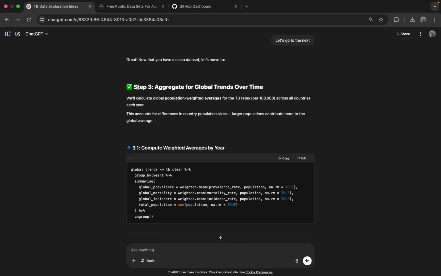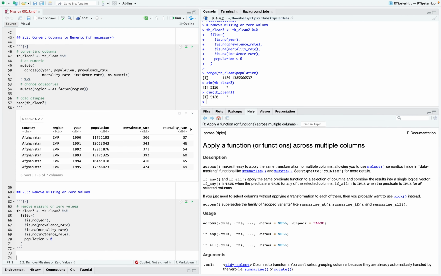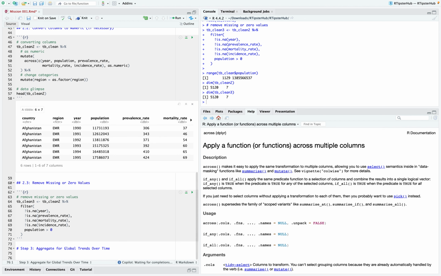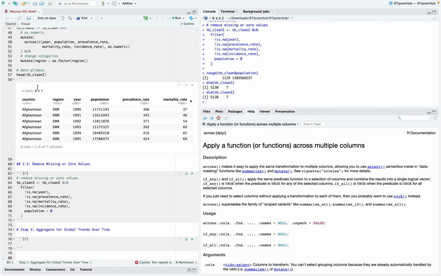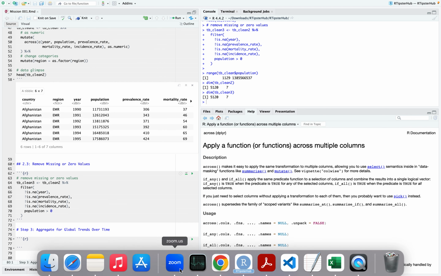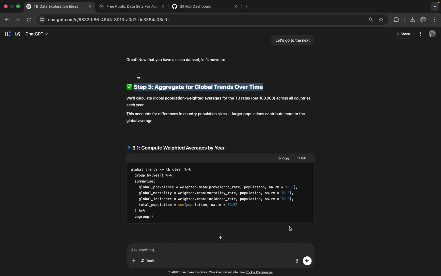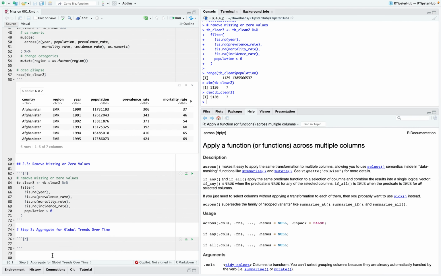Okay, so another title heading, if you'd like, and then introduce a new code chunk. Save that, and we see the first step is to compute weighted averages by year. Like that, yes.